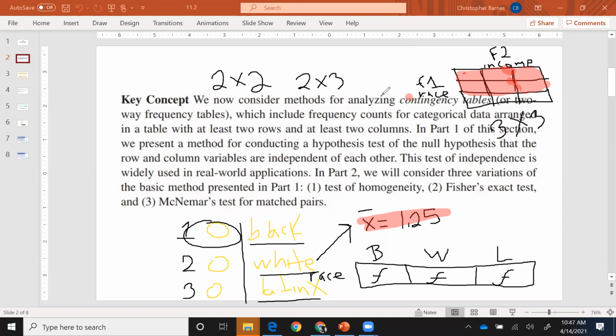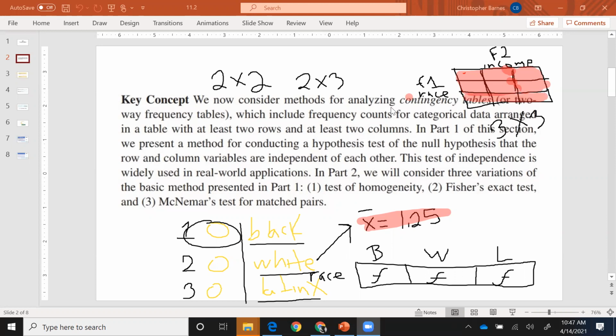But this is a 2 by 2 contingency table, a 2 by 3 contingency table. And that would be a 3 by 3 contingency table. These things can definitely get complex, but I just want to make sure we understand the terminology of all of them.